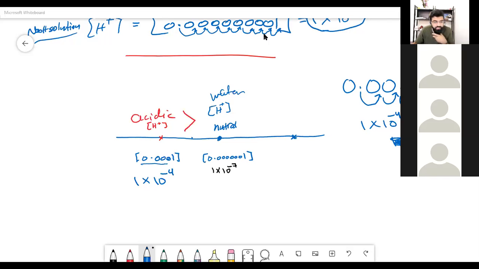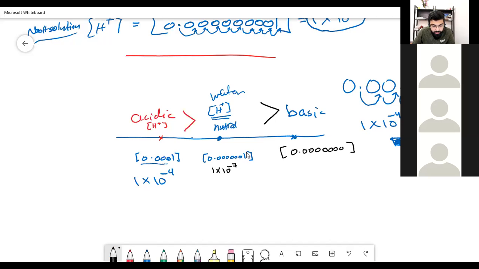Okay, guys. The idea is that if you are talking about a basic solution, the concentration of H+ in this solution must be less than in water. In water, scientists found the concentration is this number between the brackets. So you can expect the basic H+ concentration to be greater, more than 6 zeros.